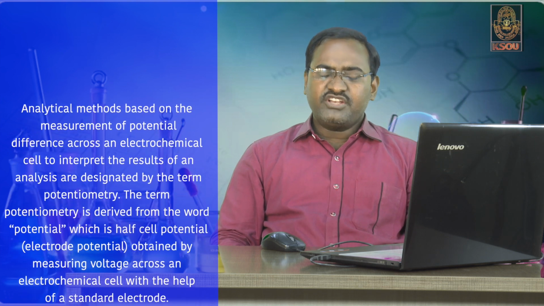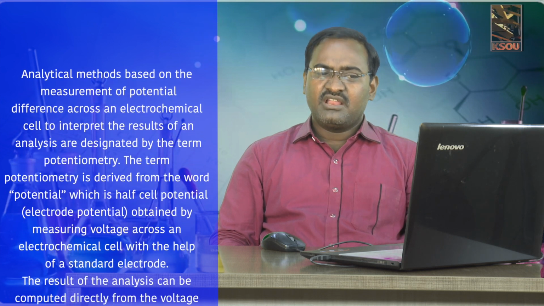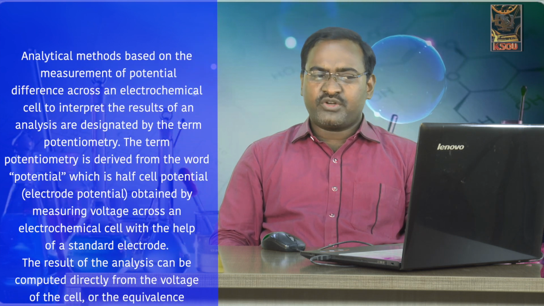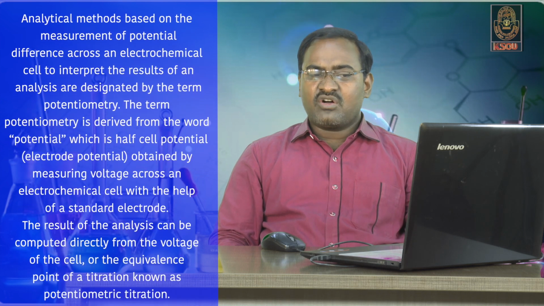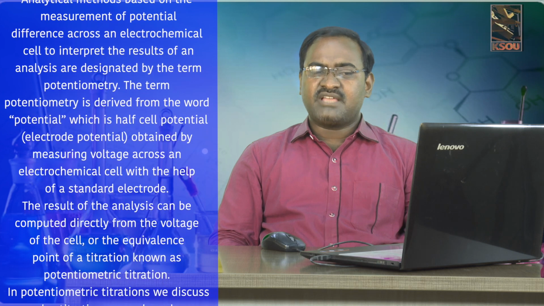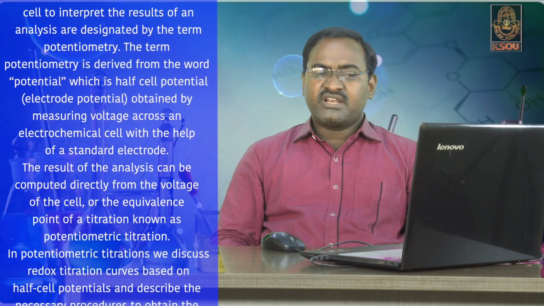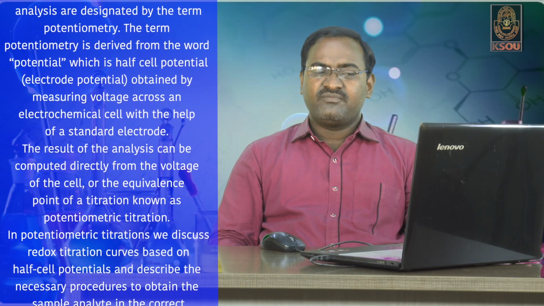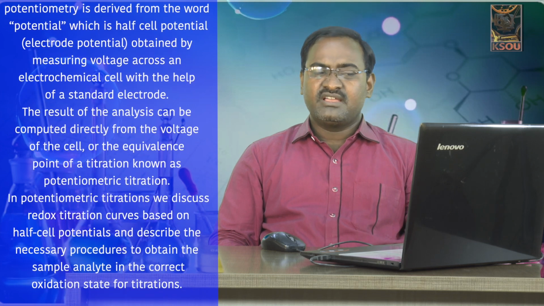The term is derived from the word potential, which is the half cell potential obtained by measuring voltage across an electrochemical cell with the help of a standard electrode. The result of the analysis can be computed directly from the voltage of the cell.